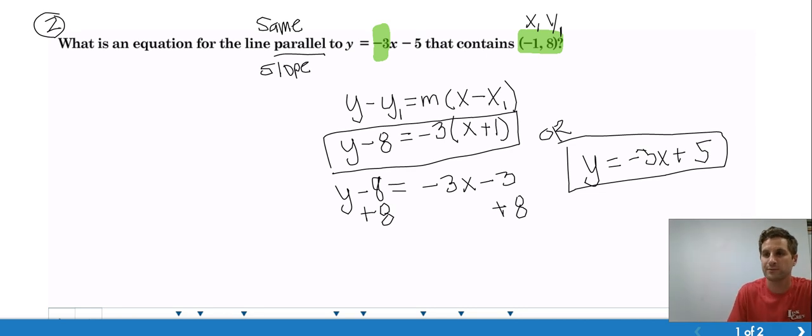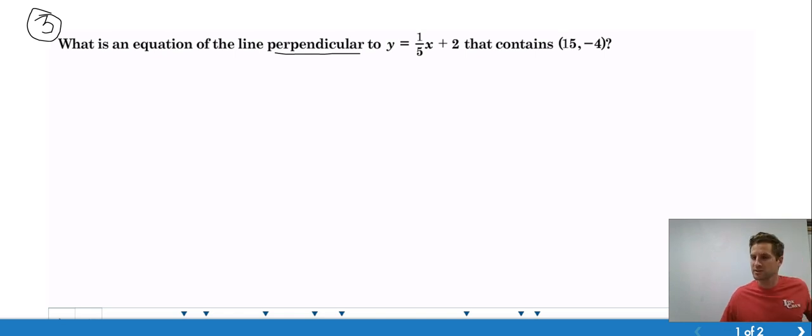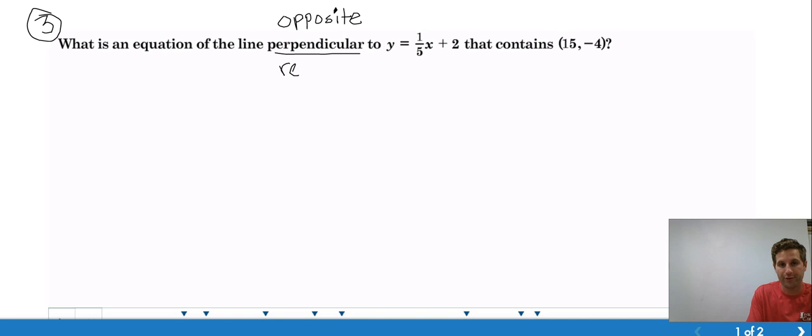Okay, let's continue. This will be our last question, number 3. What is the equation of a line perpendicular to y equals 1/5 x plus 2 that contains the point (15, -4)? This is the exact same problem as the parallel one, but instead of the same slope, we said that the product equals -1. The only way you can get a product equal to -1 is by using what's called the opposite reciprocal.